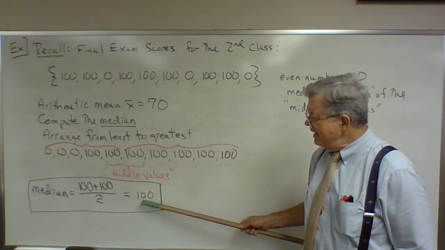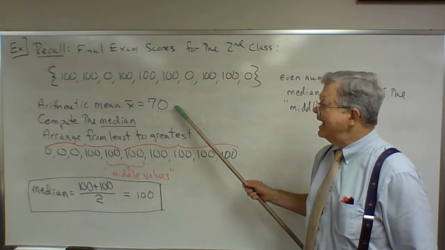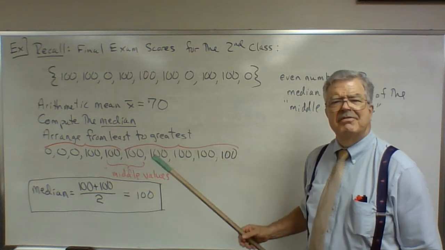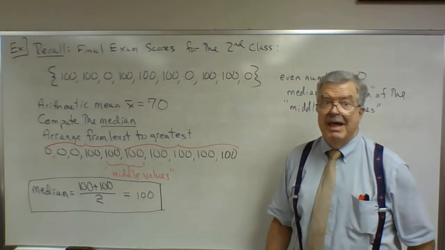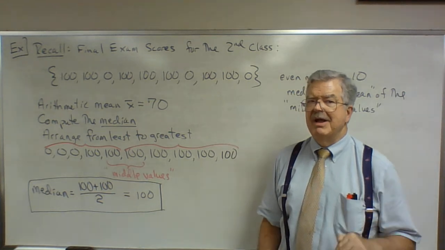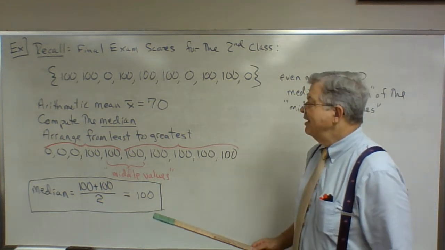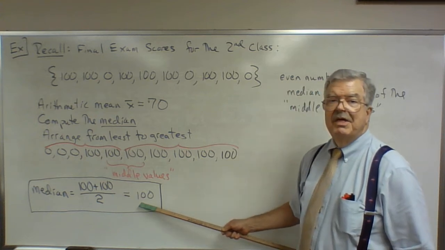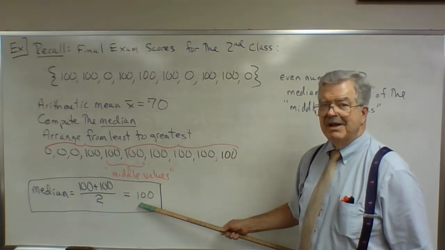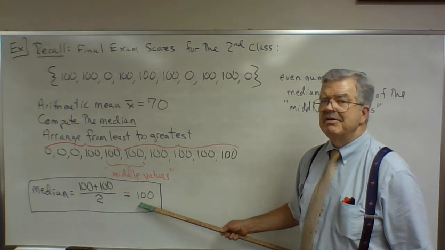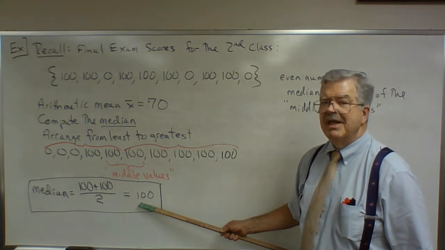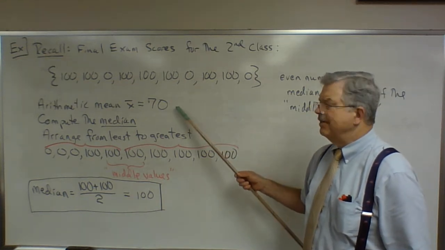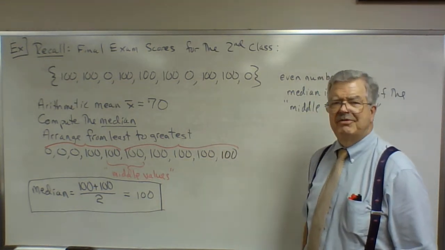If the middle grade is 100, something really had to happen to drag this mean down from 100 to 70. And then all of a sudden we figure out, okay, you know what? If the median is 100, then we've got a lot of really high grades here, a lot of 100s. And then we must have a couple of poor grades that drag the arithmetic mean down to a 70.